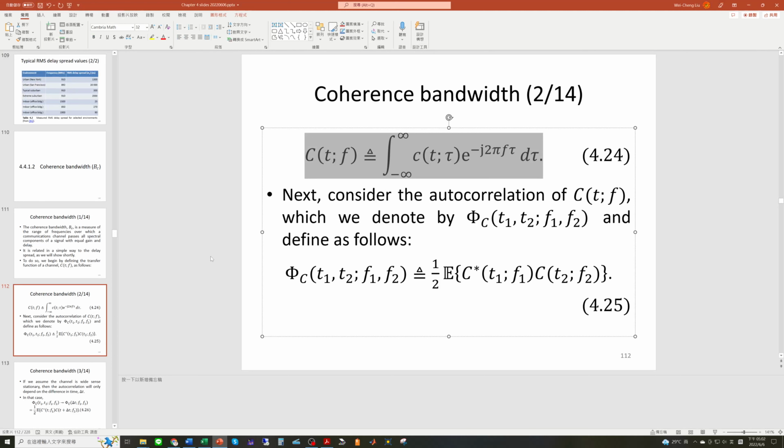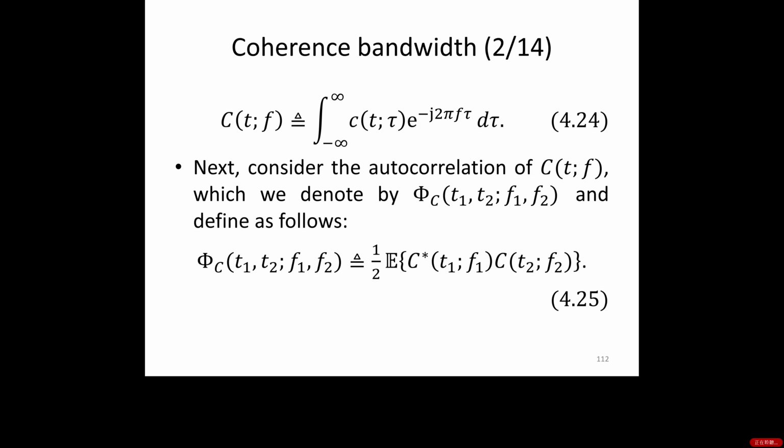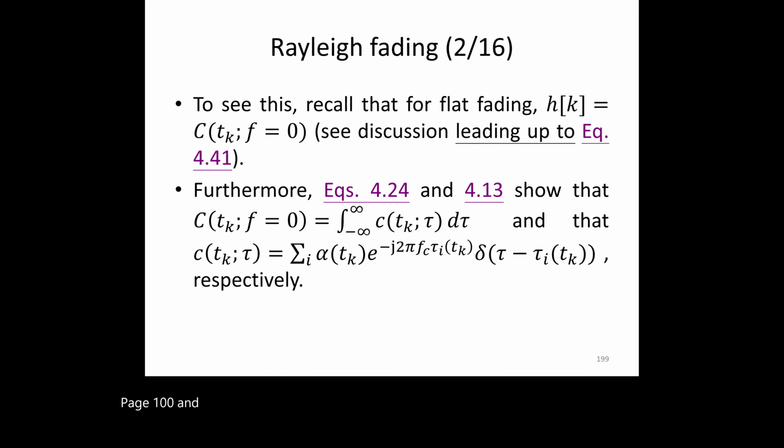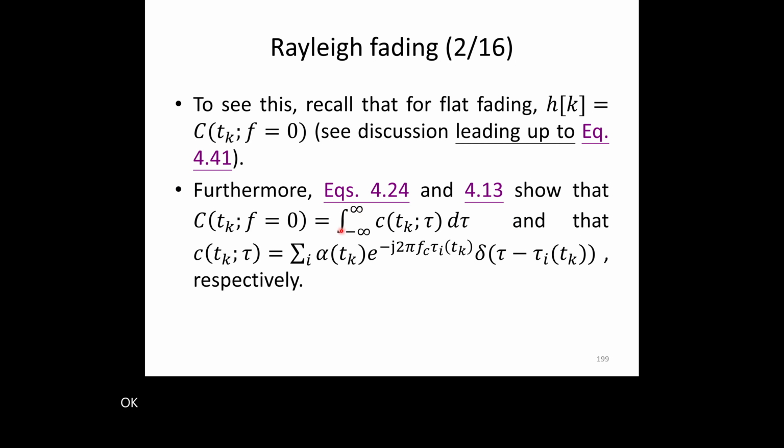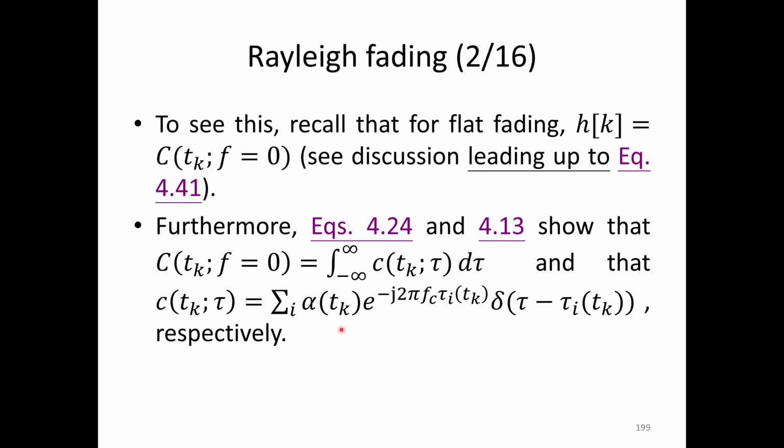So you can see that, back to page 199. Capital C of tk, f equal to 0, is equal to the integral from negative infinity to infinity of small c of tk, tau d tau.